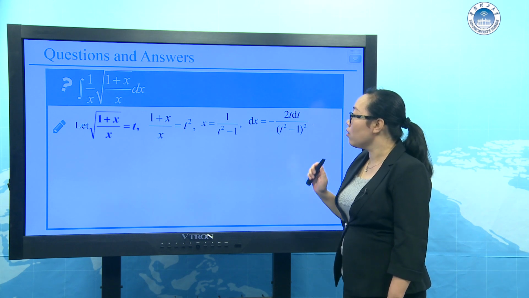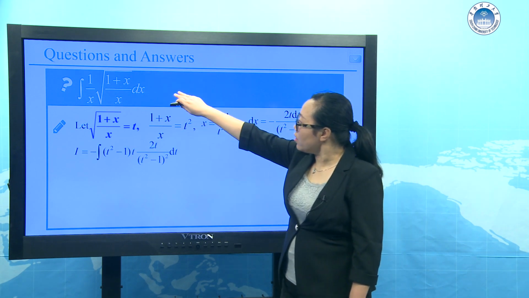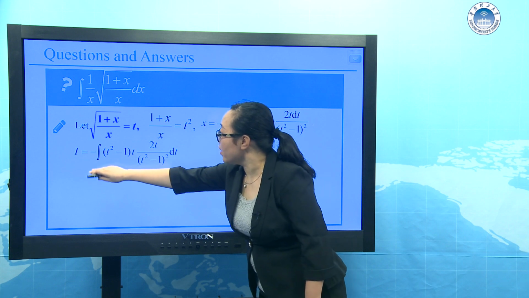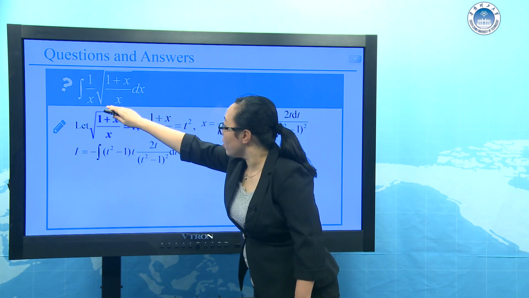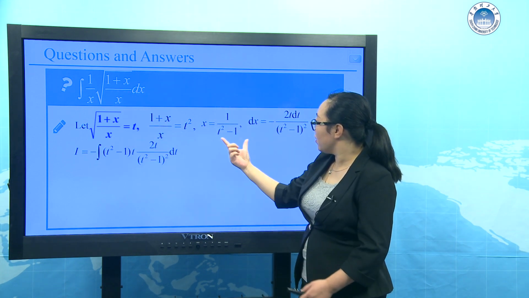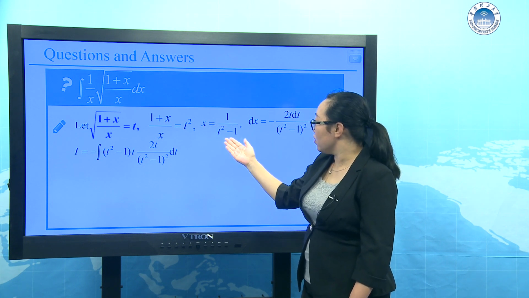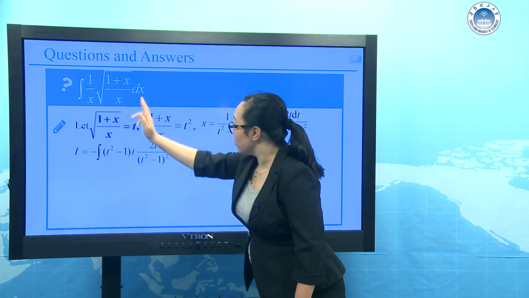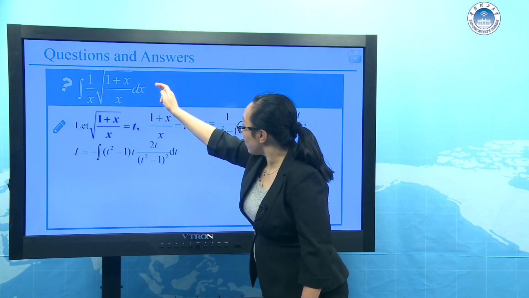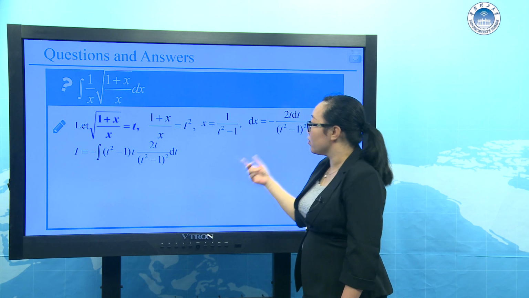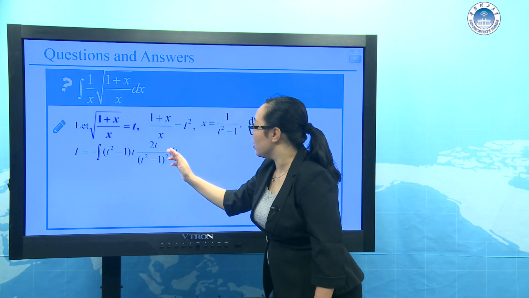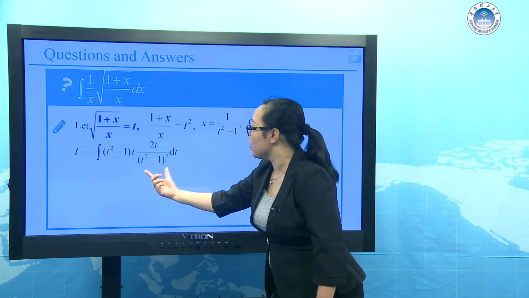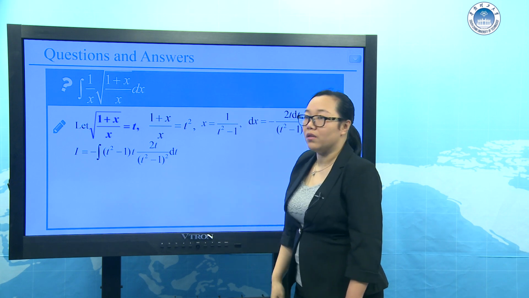And then the original indefinite integral I equals the integral of 1 over x, times the root term. How about 1 over x? Yes, here: 1 over x equals t squared minus 1. This term is t, and then dx, so we get minus 2t over (t squared minus 1) squared dt.